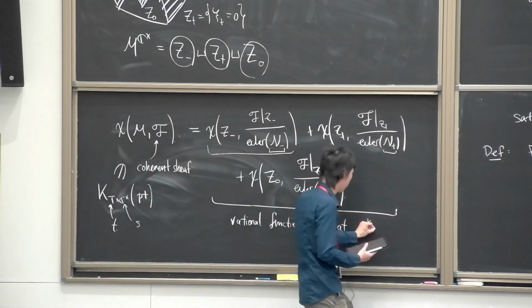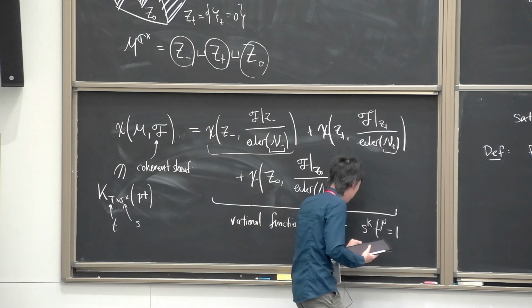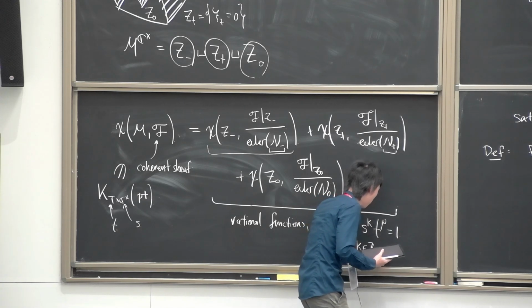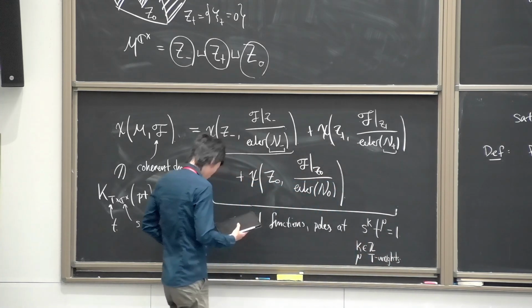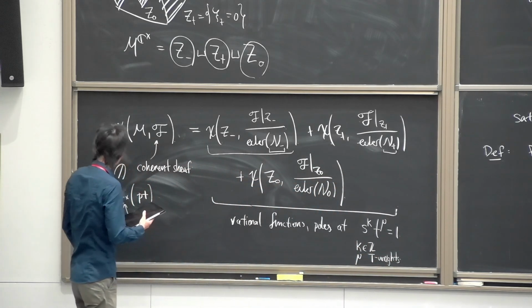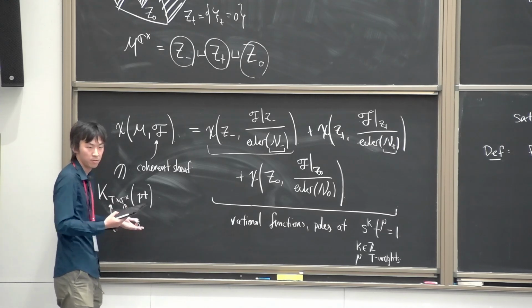So we'll get poles at s to the k, t to the mu is equal to 1 for some integers k and for some T weights mu. Whereas on the left-hand side, you really only have poles around 0 and around infinity.